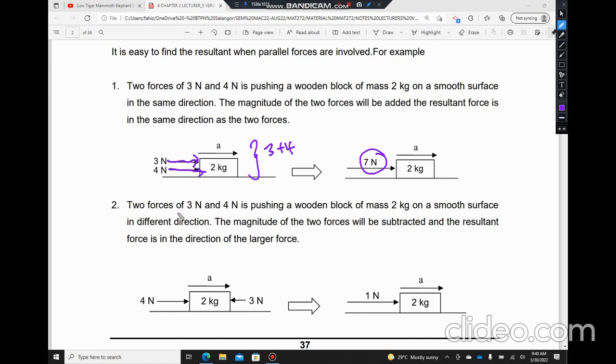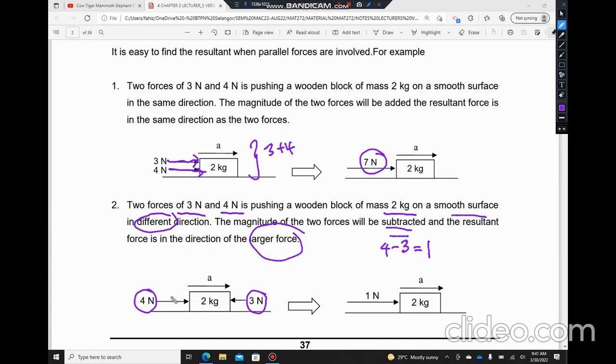Okay, number 2. Two forces of 3 Newton and 4 Newton is pushing a wooden block of mass 2 kg on a smooth surface in different direction. The magnitude of the two forces will be subtracted and the resultant force is in the direction of the larger force. Okay. So this one you have also two force, 4 Newton and 3 Newton, tapi dia arah yang berlainan. Okay, so untuk arah yang berlainan, kita akan tolak 4 minus 3 equals to 1.